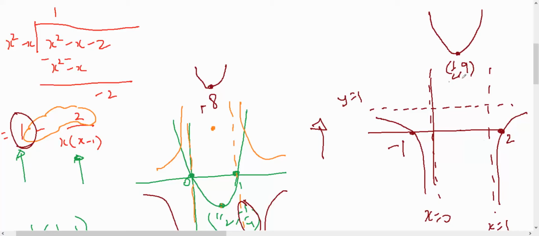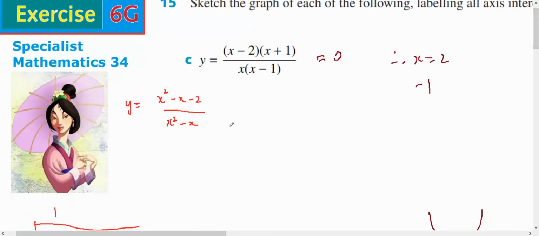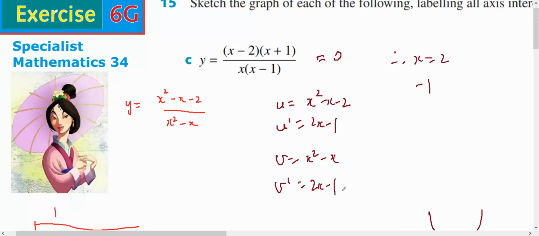I'm just going to confirm that the turning point, there is only 1 and that it's at x equals a half. So I need to take the derivative. I've got the quotient rule. So u equals x squared minus x minus 2, therefore u dash equals 2x minus 1. V equals x squared minus x, and v dash equals 2x minus 1.